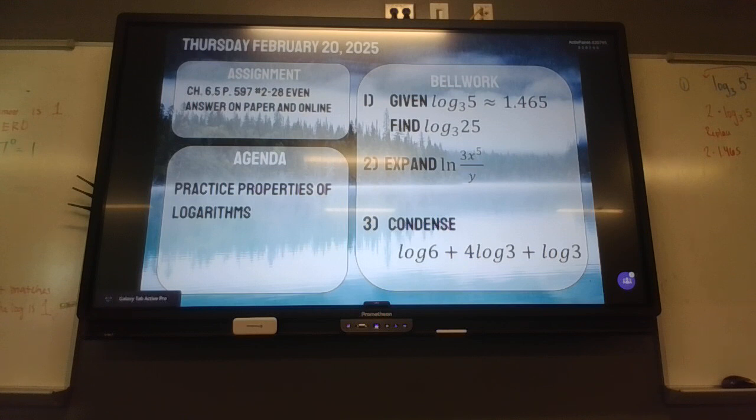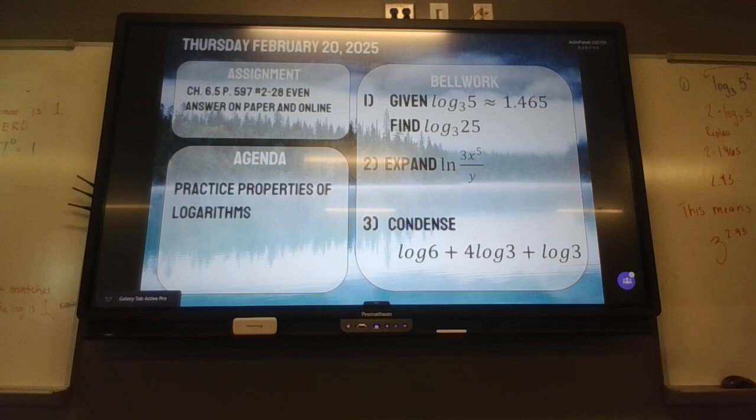And you get 2.93. So this means, if everything we've done is true and accurate, that 3 raised to the 2.93 is approximately 25. So you can check your answer on this one.